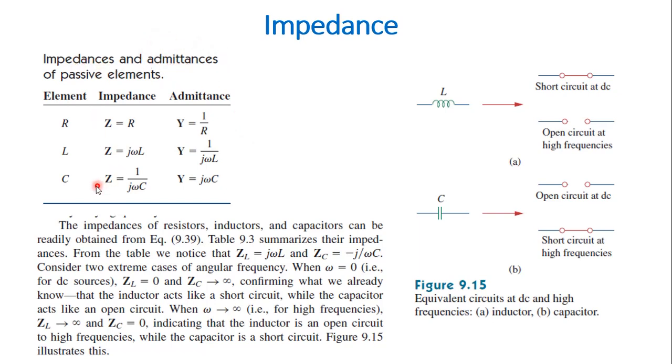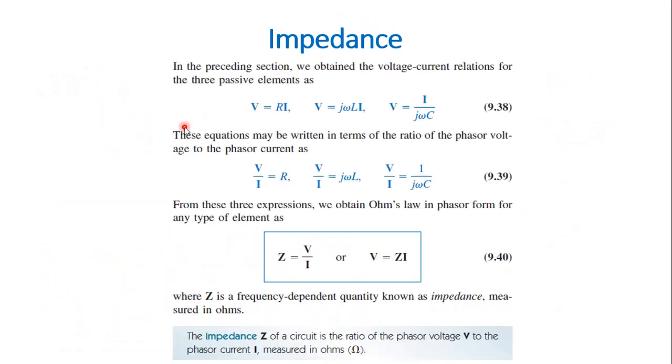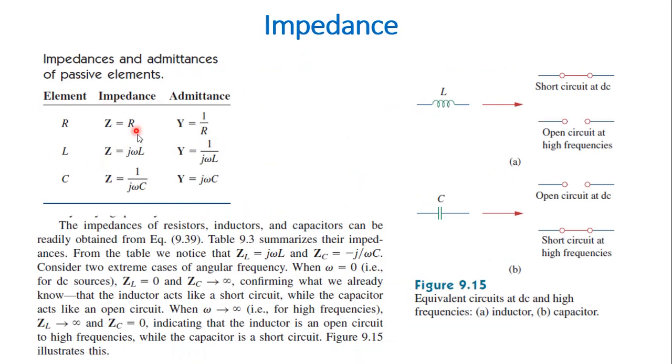If we refer to the previous slide, this V by I is the term called impedance Z. So for a resistor, impedance Z is equal to R, for an inductor, Z is equal to j omega L, and for a capacitor, Z is equal to 1 by j omega C. That is what is summed up in this table.